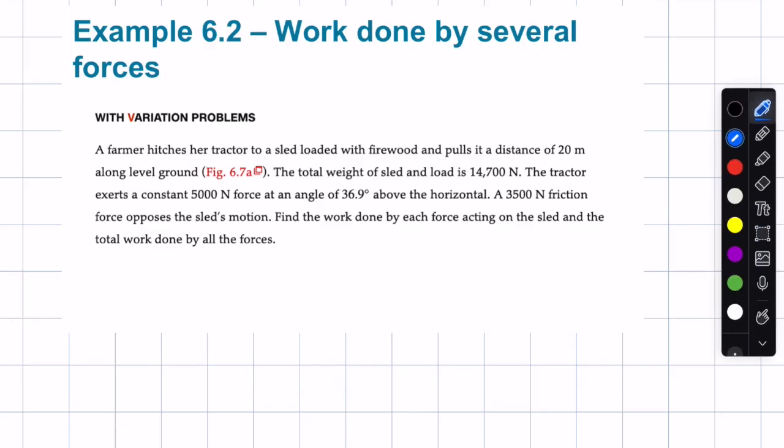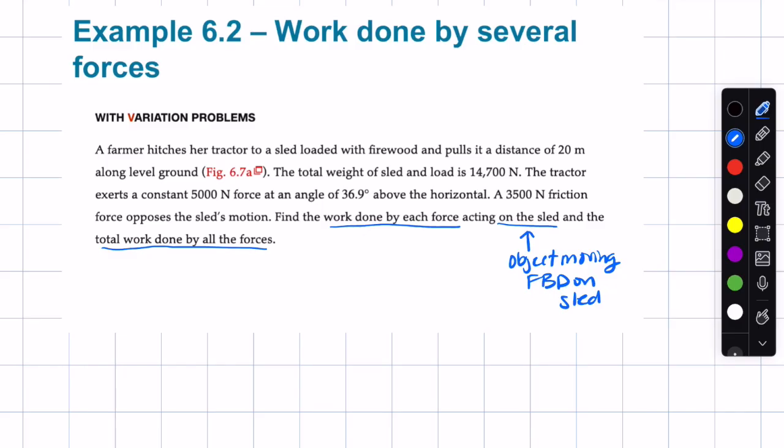So what do we need to find? The work done by each force on the sled, and then the total work done by all the forces. So let's ask ourselves these questions. What is the object that's moving? That's the sled. Okay, so we're going to draw the free body diagram on the sled. And then what are the forces acting on the object?